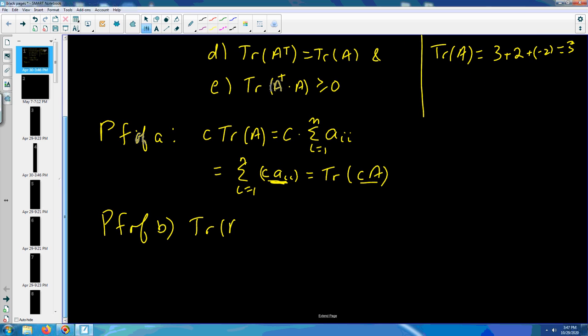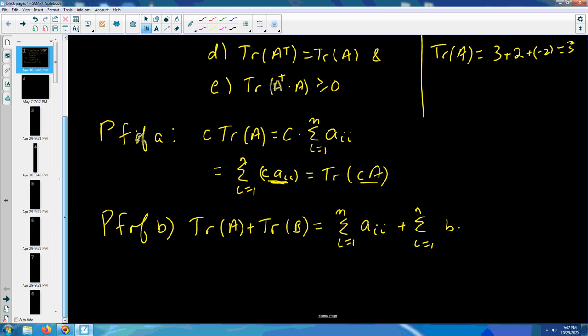The trace of A plus the trace of B. Well, the trace of A is the summation as i goes from 1 to n of A_ii, the entries on the diagonal. Add them up. Plus the trace of B. Everything is an n by n matrix.